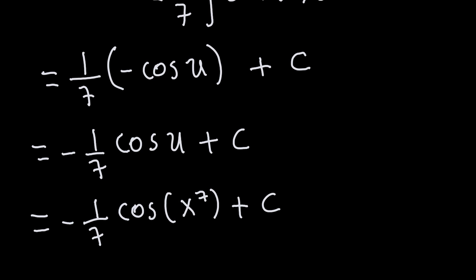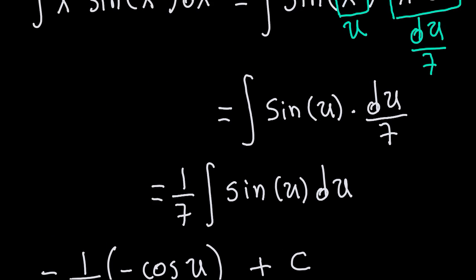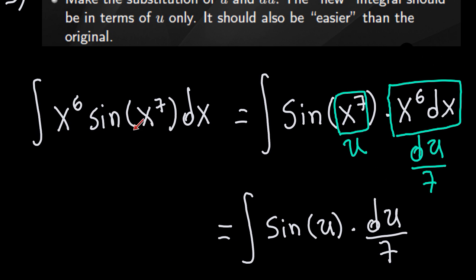So this will be the answer. If you actually take the derivative of this expression, the derivative of negative 1/7 of cosine of x to the 7th power plus c, this derivative will give you exactly x to the 6th sine of x to the 7th. You should try it out and see that it actually happens.